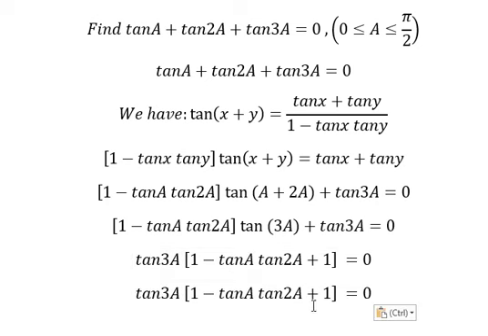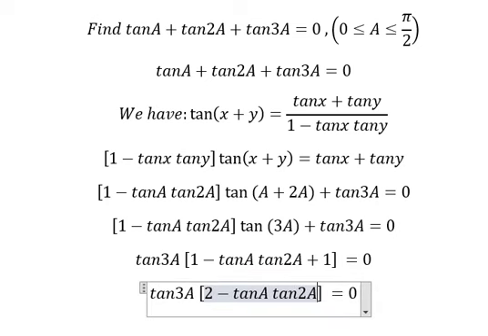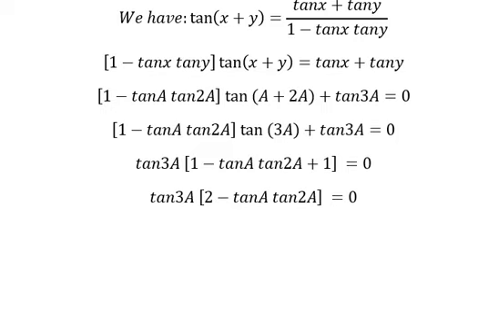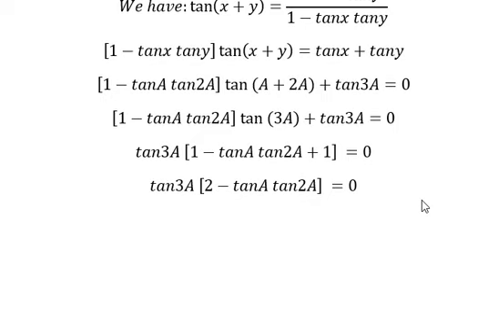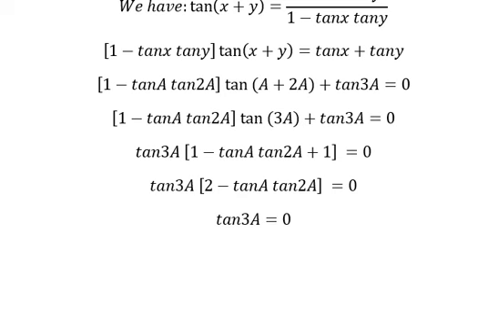So 1 plus 1, we have number 2. And now we can find tan 3θ equals to number 0. And now we have the formula to find this one.